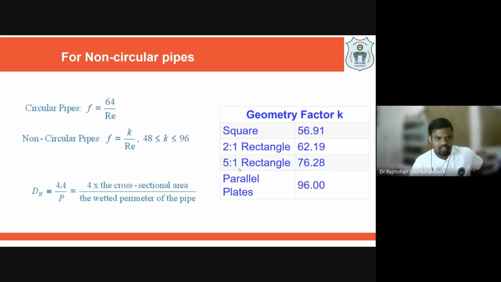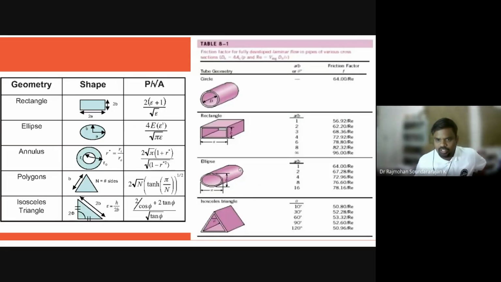Okay, or hydraulic diameter. The general equation given here for non-circular pipes is friction factor equal to 64 by NRE, and with a K value from 48 to 96, we can make use of these equations. Some of the K values for square, rectangular, and parallel plates are given here. You can see that for circular it is 64 by NRE.